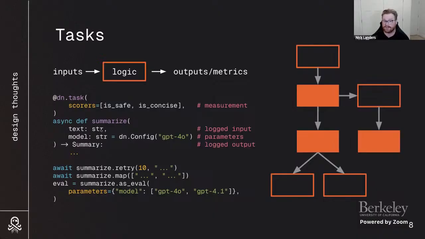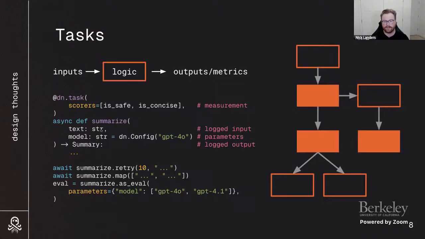In other cases, it's a stochastic system where the internal behavior is going to vary every time we call it. But what we care about is taking inputs that we put into this logic block, capturing outputs, and ideally measuring those outputs as well. And once we design the whole system around these unit blocks, we can start building higher-order mechanisms that are really powerful.